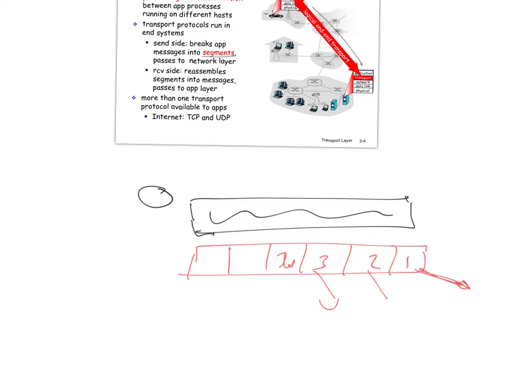Because for connection-oriented, we said that these segments will arrive in order, right? Because of the concept of connection. But we will see that even for TCP, we still need some sequence numbers. We'll talk about why. But definitely for connectionless, we need sequence numbers because these segments may arrive unordered and we need to order them. So we need some sequence numbers for these segments to be able to reassemble them at the receiver side.